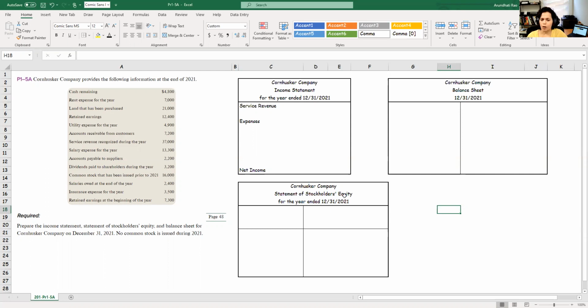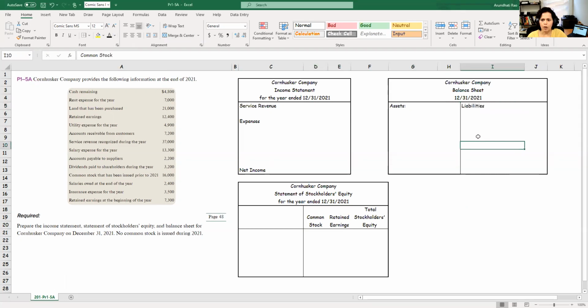For the statement of stockholders' equity, we have three major accounts that we are going to be looking at, but what we're interested in is common stock and retained earnings. These two put together are the stockholders' equity account. Now, in the balance sheet, we have all our assets, all our liabilities, and all our stockholders' equity accounts.